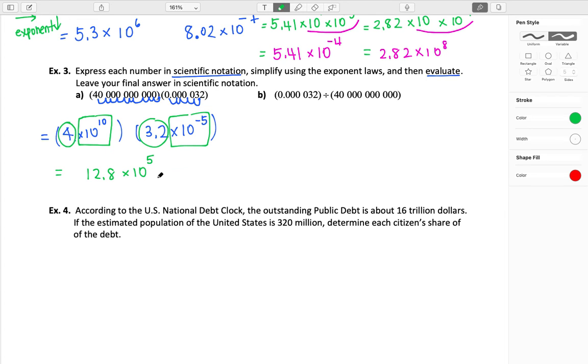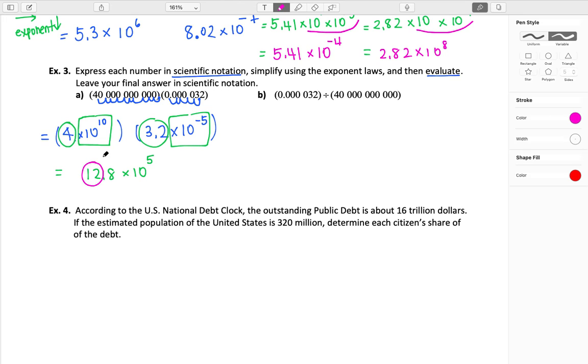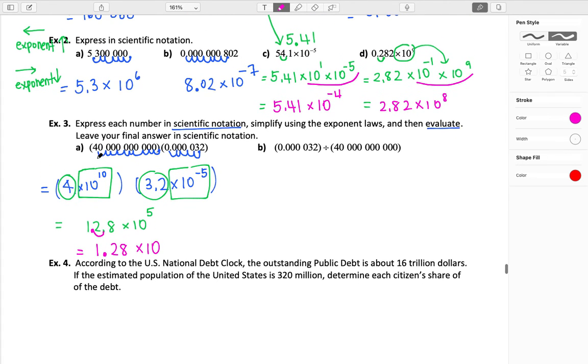But the problem is the last step, again, the first number is not between 1 and 10, it's 12. So that means we have to move this decimal one more step to the left. So it's finally 1.28 times 10 to the, because if we move to the left, what did I say? The exponent is getting bigger. So we moved 1 step to the left, so the exponent now becomes 6. Okay, because we moved 1 step.